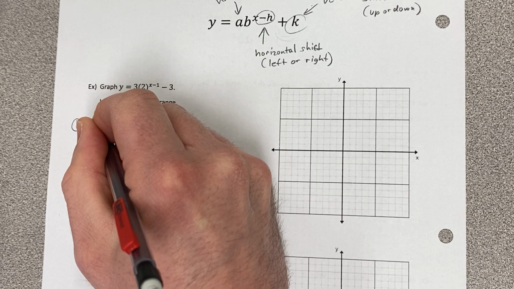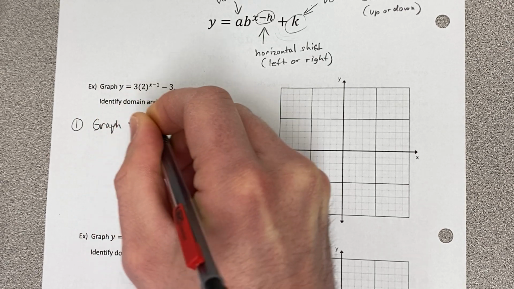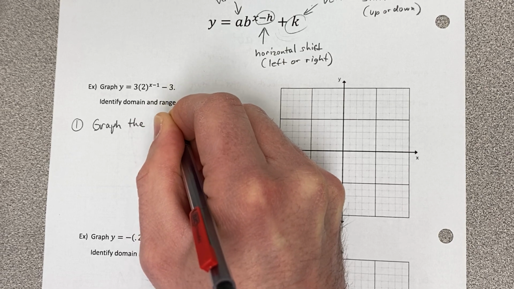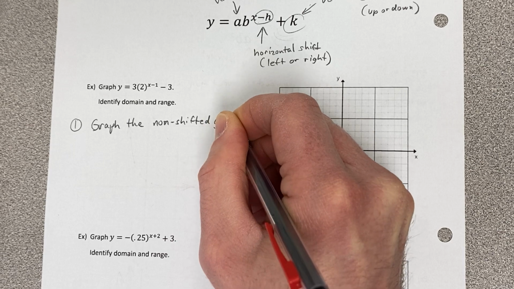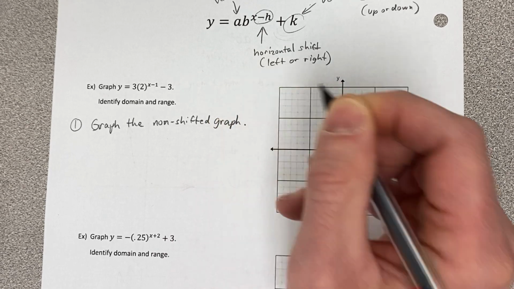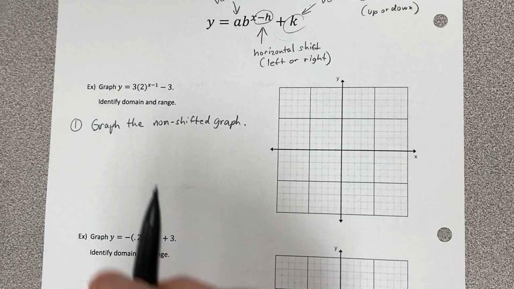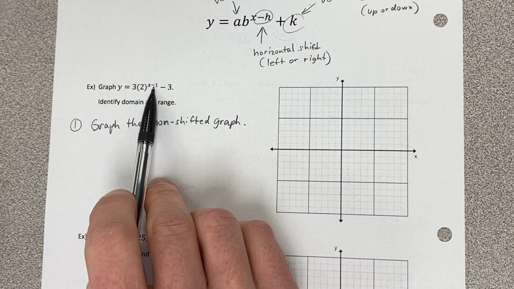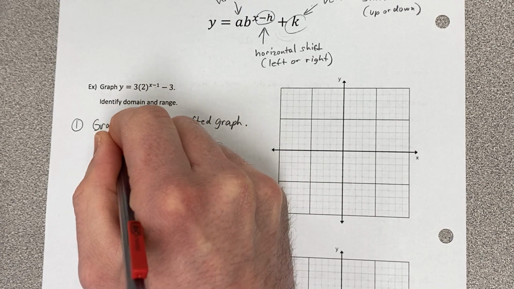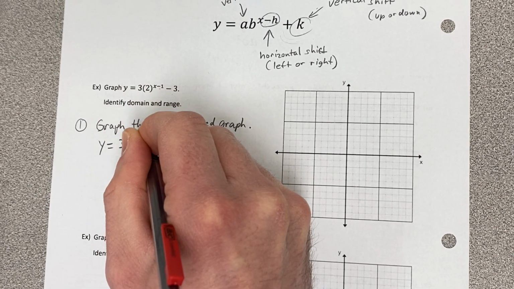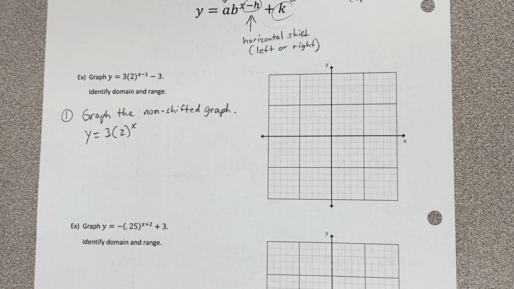We are going to graph the non-shifted, non-translated graph first. So this is the shift left and right. This is the shift up and down. We're going to ignore those, and we're going to use a table of values, and we're just going to graph 3 times 2 to the x.